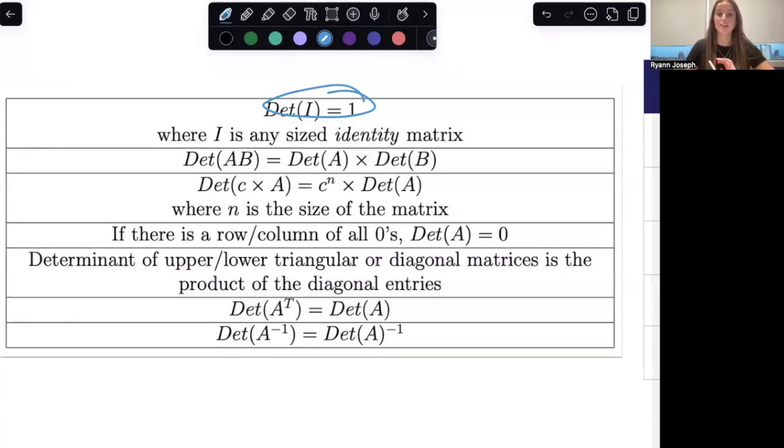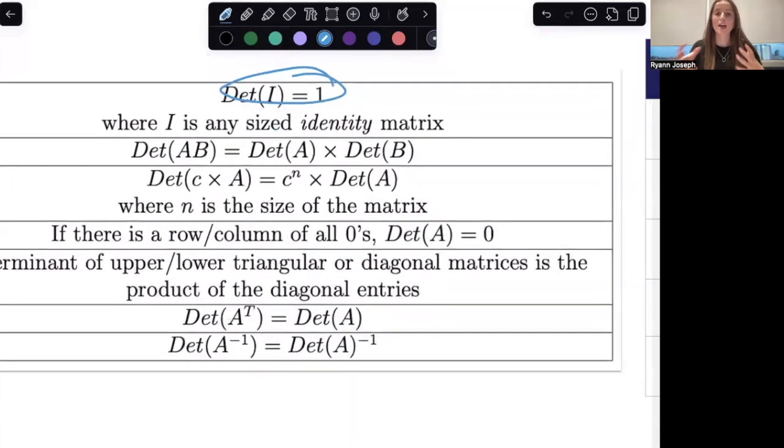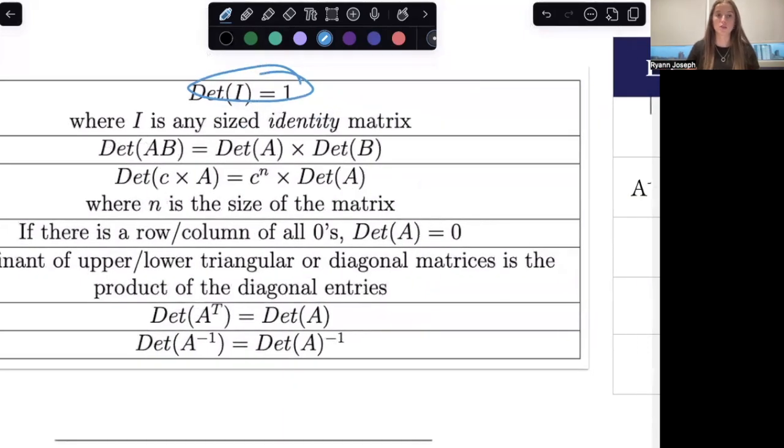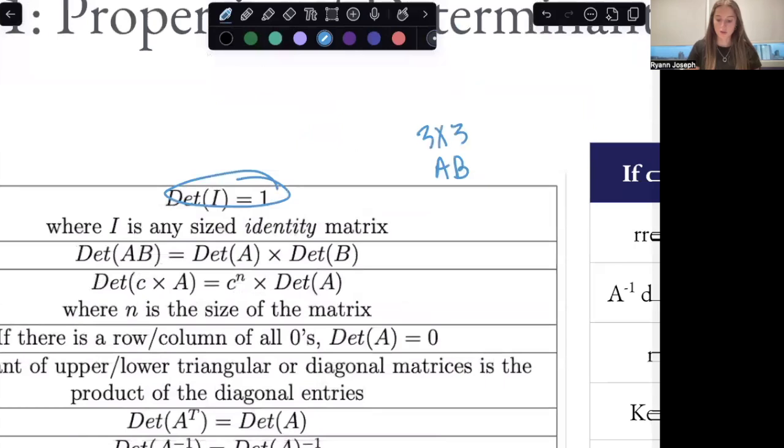The biggest case with this is if A and B are both n by n's, then AB is an n by n, so it's always going to be defined. But there are specific cases where you could say AB is a 3 by 3, but A is a 3 by 2 and B is a 2 by 3.